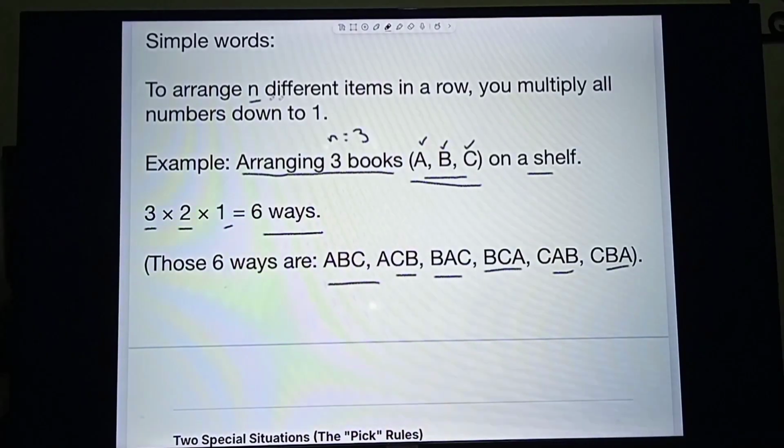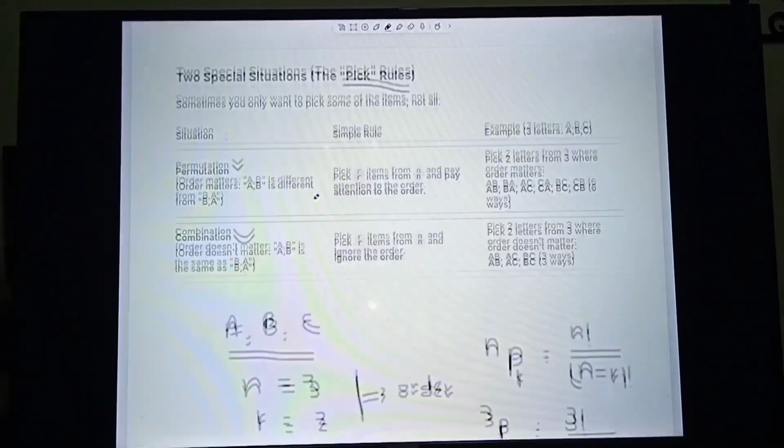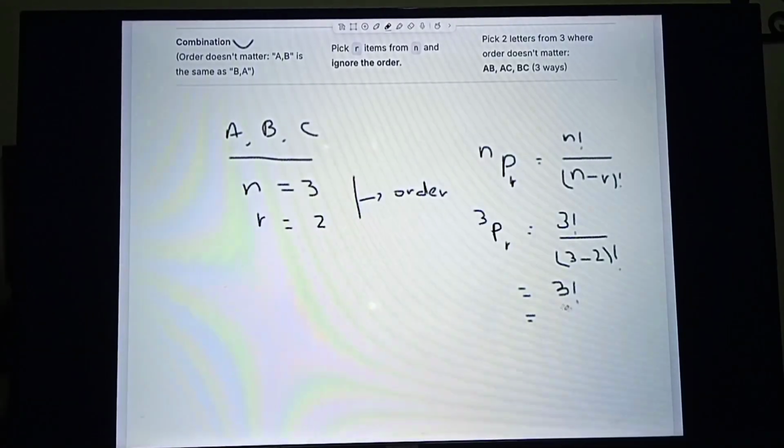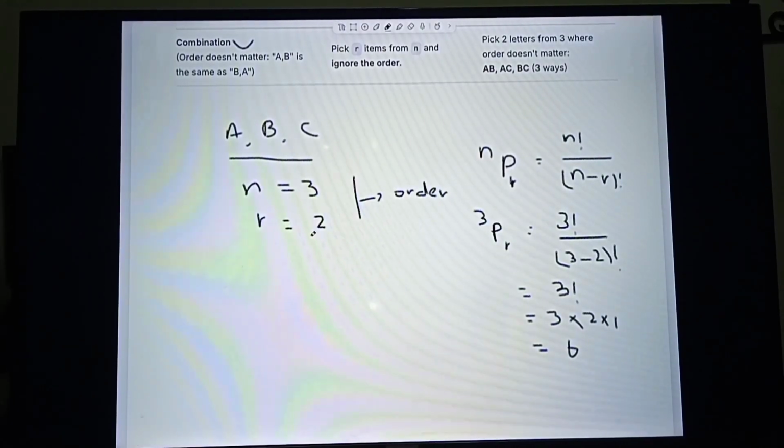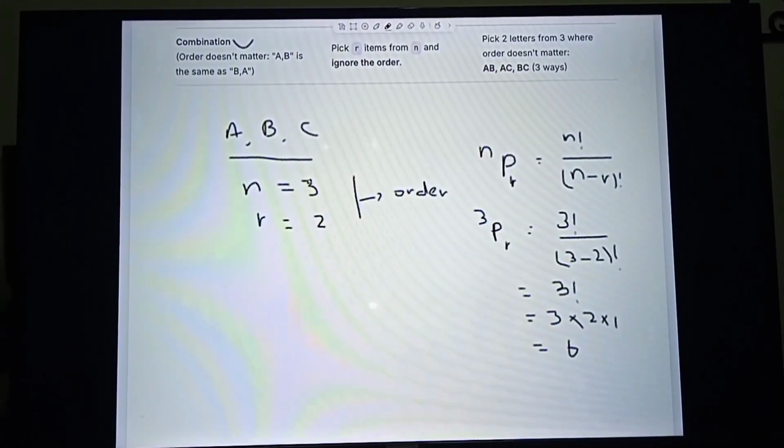Multiply all numbers down to 1. So down to 1 we are getting 3, 2 and 1. So total are 6 possible ways to arrange two books out of 3 when order matters.